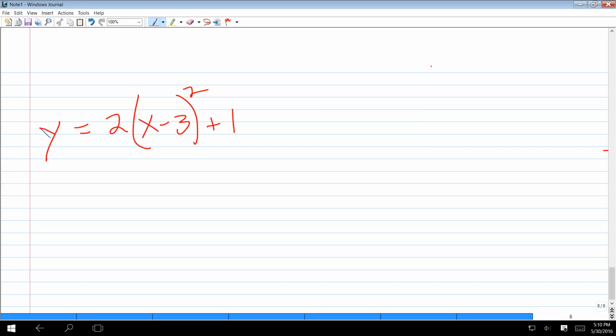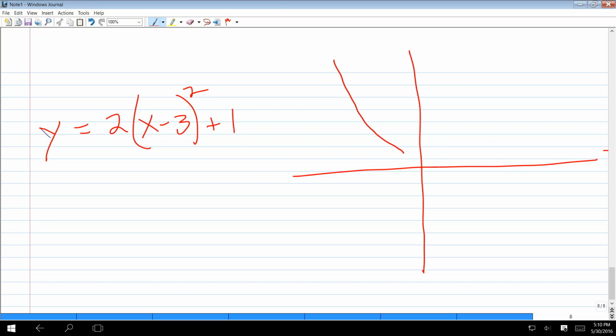If I were to plot each of these, first of all, the parent function is y equals x squared, just the parabola. The first thing I'm going to do is shift it 3, and it's actually to the right, because the standard is x minus h. If h is a positive 3, which it is here, it's a shift to the right by 3 units.